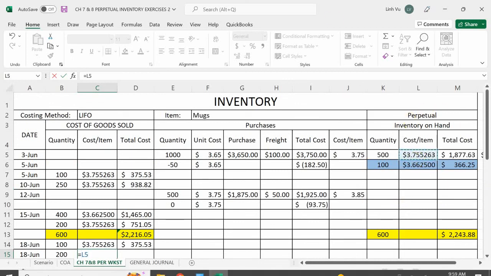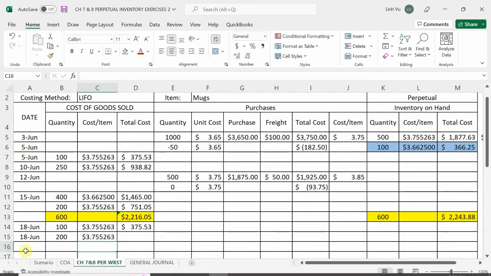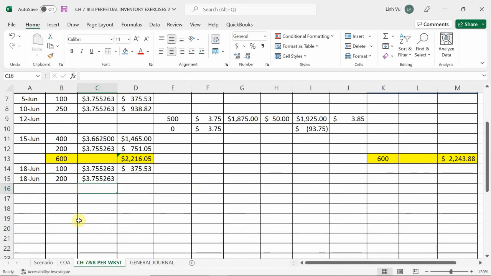So in this case, what is 200 units at 3.755263? $751.05.